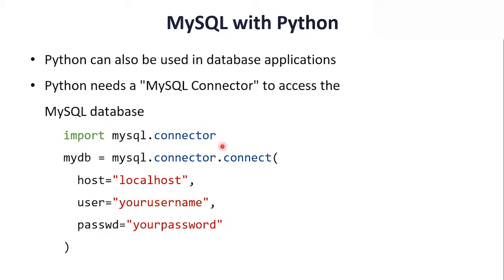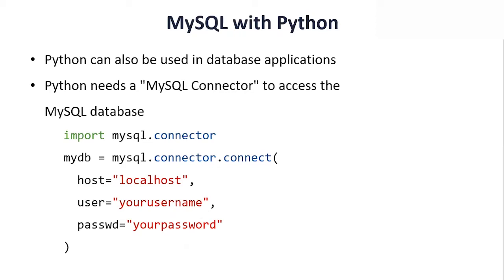Import mysql.connector, and then we have to create this connection object by providing the host name. If you are using XAMPP in your local machine, that would be localhost. Otherwise, that would be the IP address where this database is hosted. And then you have to provide the username to access this database and the password.